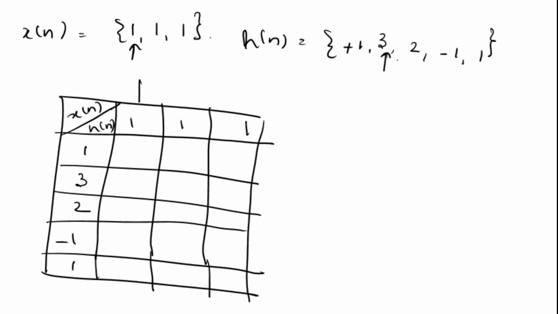This is the 0 position for x of n, and this is the 0 position for h of n. So multiplying 1, 1, 1, 3, 3, 3, 2, 2, 2, -1, -1, -1, 1, 1, 1. Then diagonally you have to add the signals.